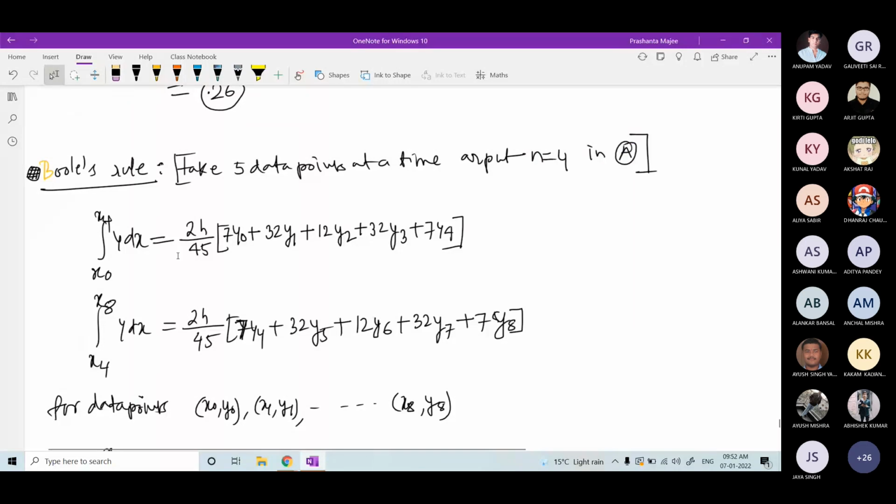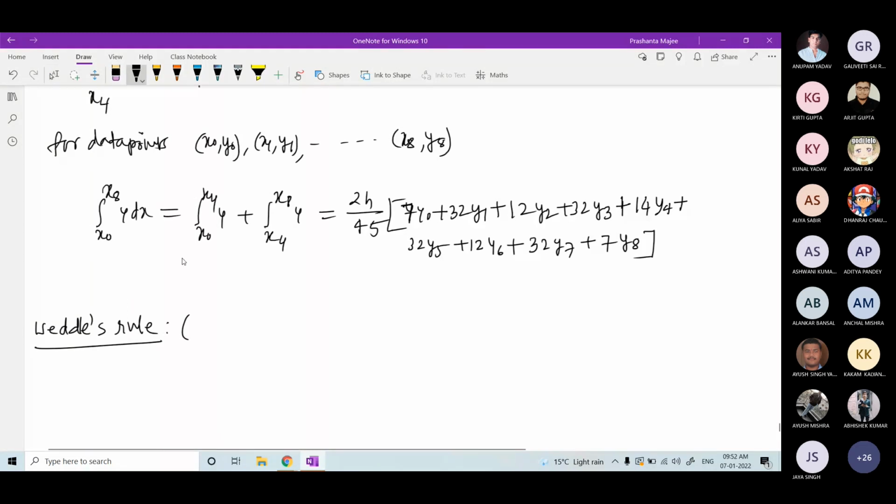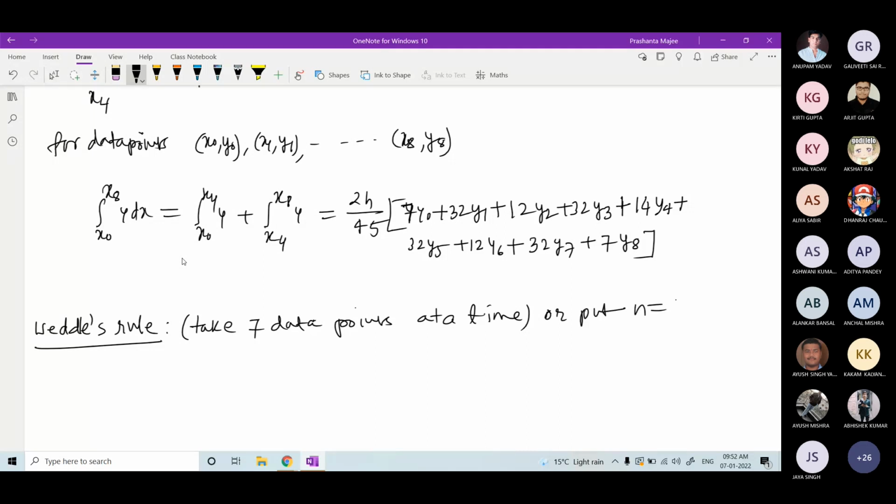For 7 data points, you will get Weddle's rule. Take 7 data points at a time, or put n equals to 6 in capital A.